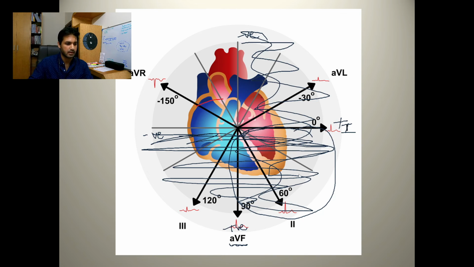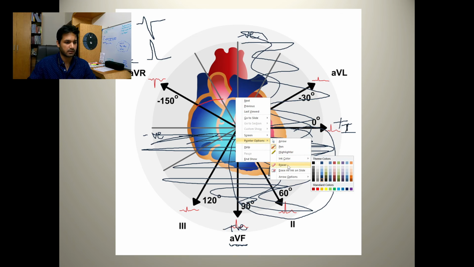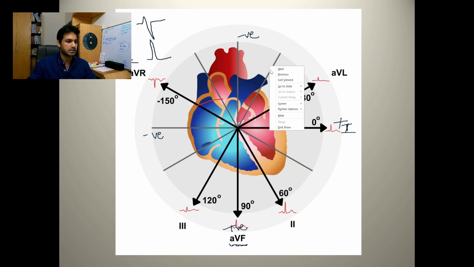Okay? Let's say the AVF was like this, and lead 1 was like that. So what we will do in this scenario, let me just erase it, is: AVF is a little on the negative side, so this is the positive side and this is the negative side.